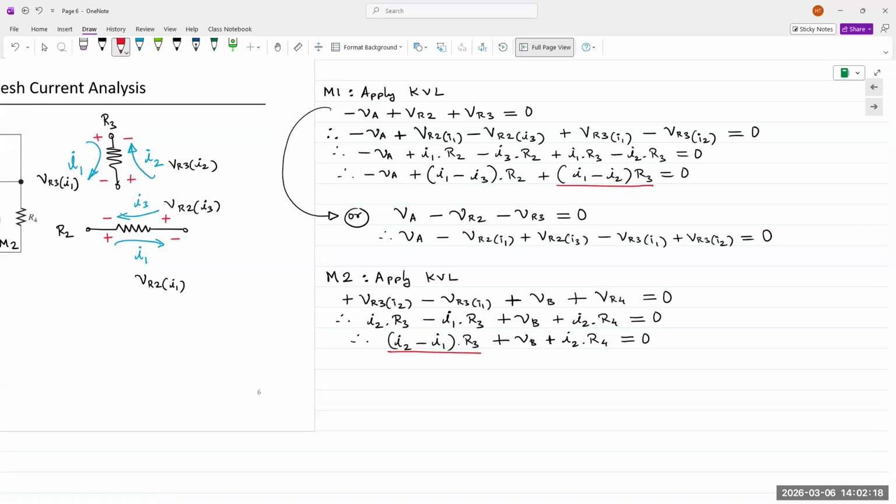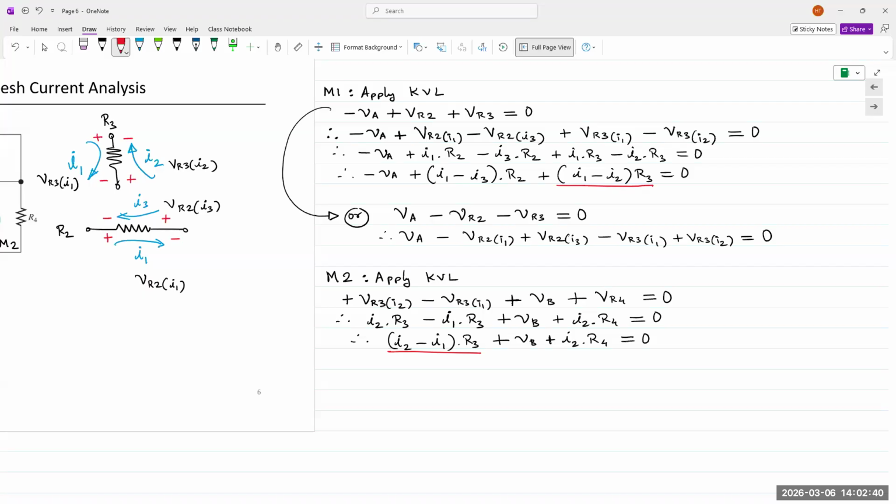And in mesh 2, it would have been minus I1 minus I2. So the equations will eventually balance out. So it does not matter what we choose as our current direction and how we sum up the voltages. Absolutely does not matter. All right.